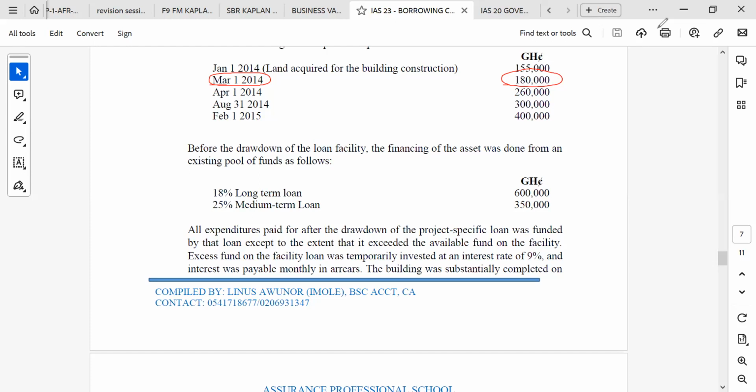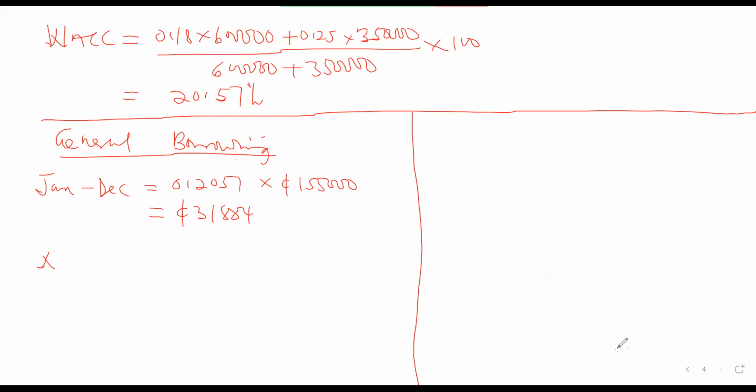And the amount is 180,000. So we come to March to December, which will be 10 months. So we have 0.2057 times 180,000. What are we having? 37,026. Okay.